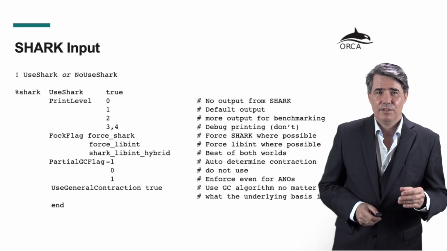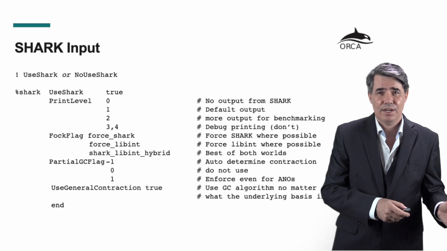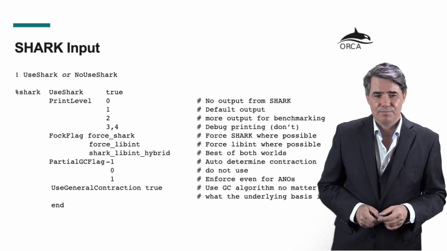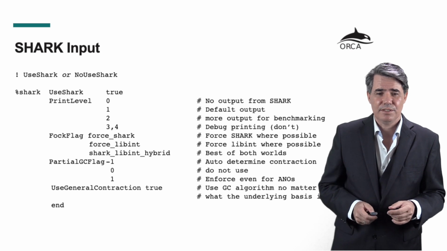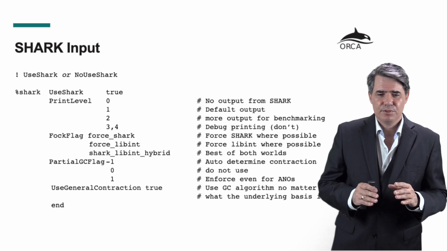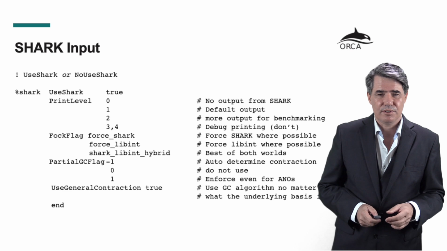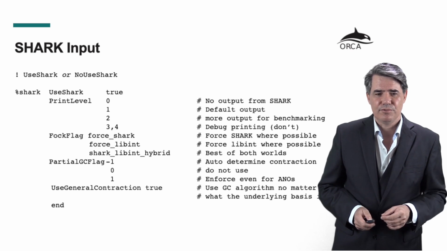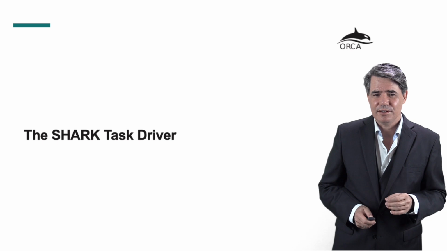And finally, you can use the flag UseGeneralContraction true to enforce the algorithm for general contraction, even if you have a segmented basis set. I don't recommend that, because for segmented basis sets, the standard algorithm is faster, but you have control over that. And in principle, you don't need to touch any of these variables because the program by default will choose the right algorithm for you.